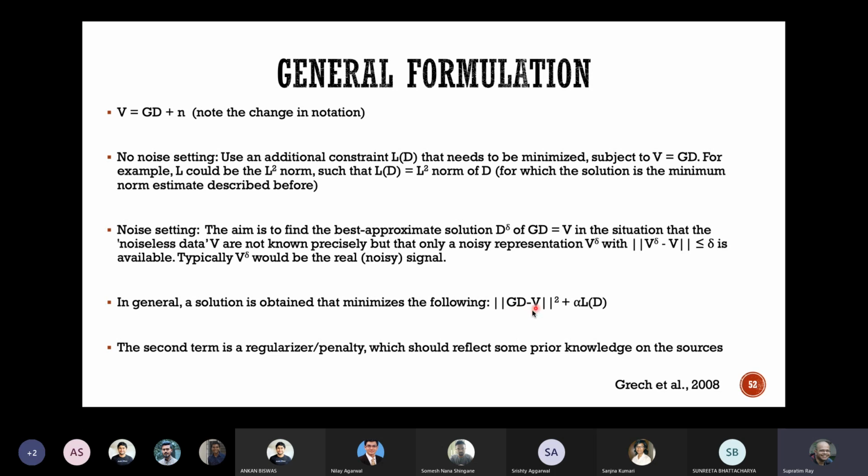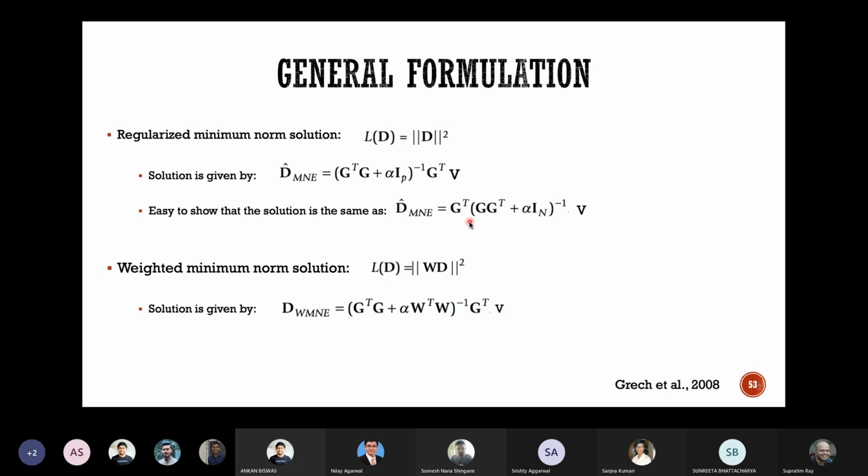Note that GD minus V is no longer 0. It's actually your estimate of the noise in the system. Okay, so you want to minimize the noise as well as some regularized form of this cost function. And then if you have this as the function that you minimize, your solution, the minimum norm solution, becomes this.